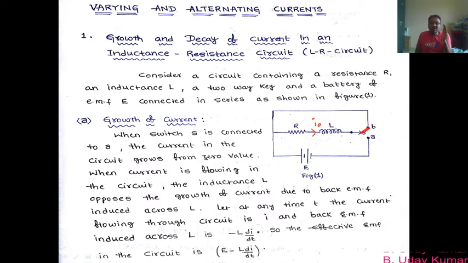Now once the current has reached its maximum value I0, disconnect S from A and connect S and B. Now what happens in this circuit? Observe this circuit. The upper part of the circuit is again closed, but there is no source, there is no battery, and because of that the current starts decreasing, which we call decay of current.